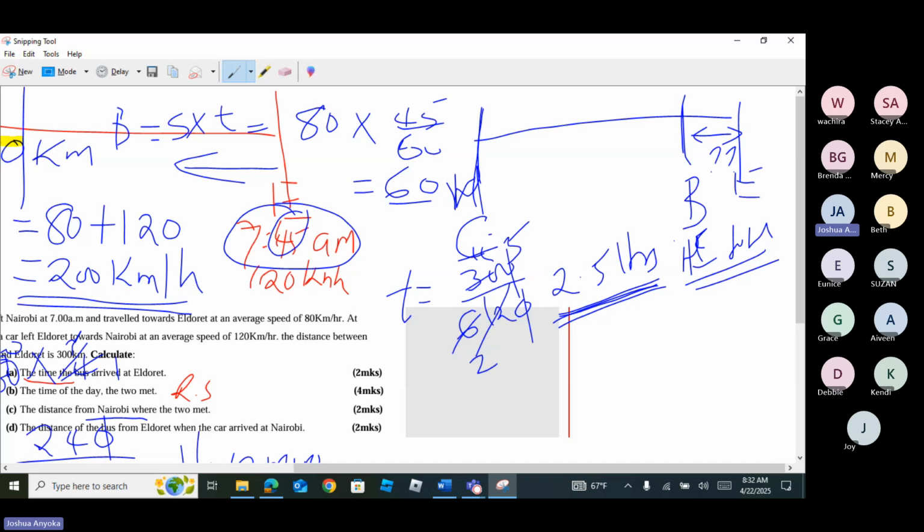So the distance covered by the bus is 80 times 2.5, which is 2.5 hours times 80. So it will cover 200 kilometers.